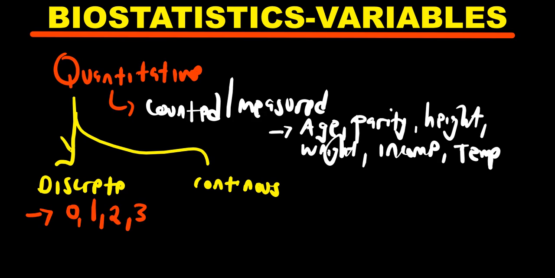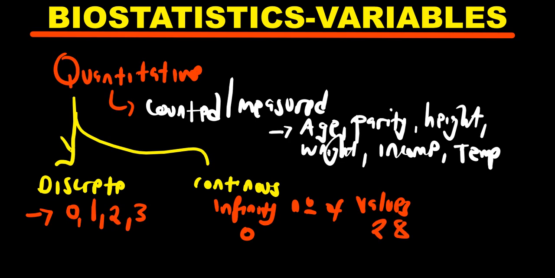Let's talk about continuous just to differentiate the two. So continuous variables will assume an infinite number of values. An infinite number of values means it will just be continuous. If I say from 0 to, let me say, 28, this will assume all the numbers, whether it's a fraction.